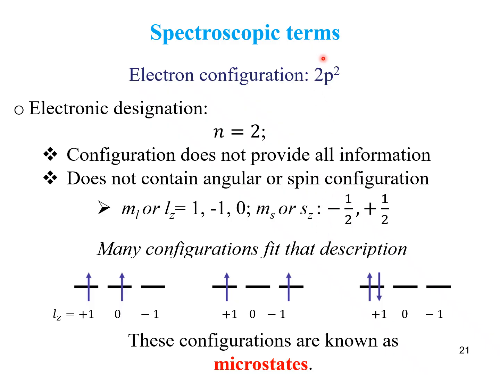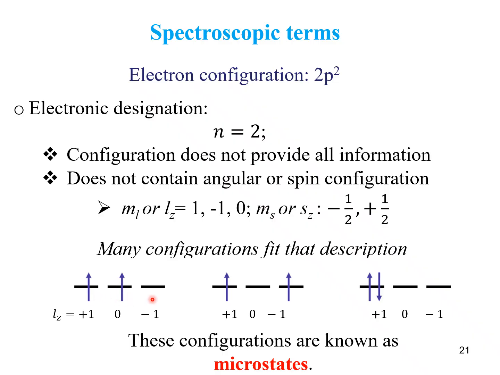If we arrange two electrons in this orbital, they will have many possibilities for occupying it. For example, if we have the p orbital with different Lz, we have Lz equals +1, 0, and -1. These two electrons can both be arranged with spin up: spin up for electron 1, spin up for electron 2.